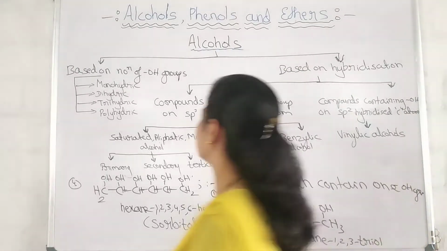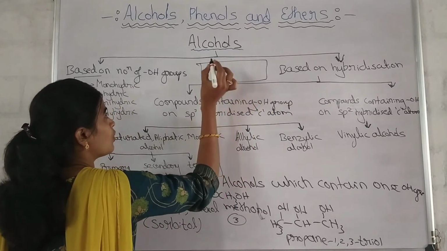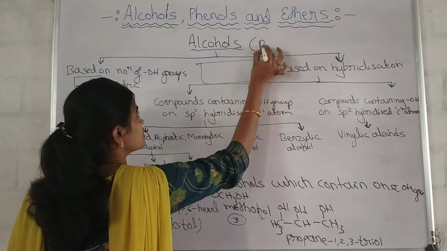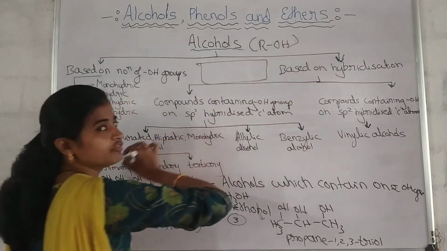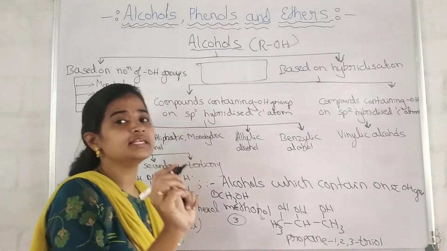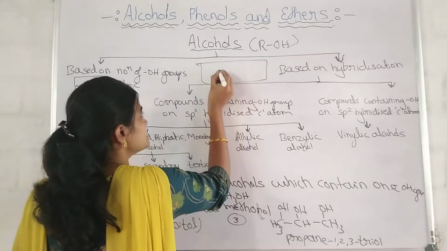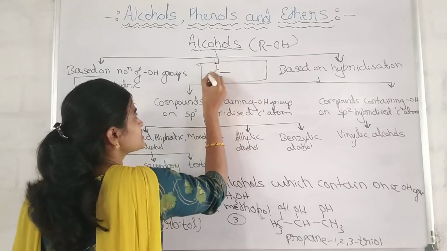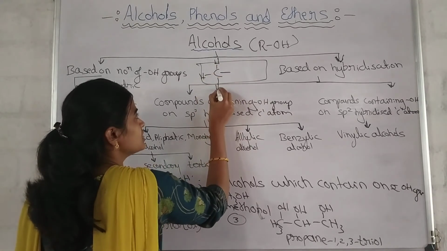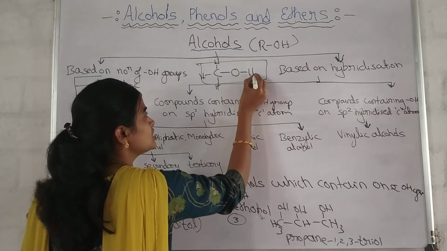And one more thing, please remember this. What is the general formula of alcohol, students? Remember, ROH is the general formula of alcohol, where R is an alkyl group. And see how the structure is. If I write the methyl alcohol structure, O is attached to the carbon atom, and further it is attached to the hydrogen.